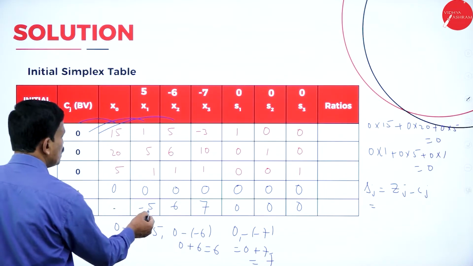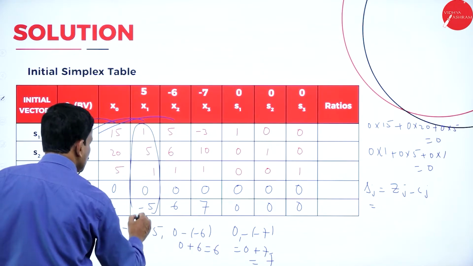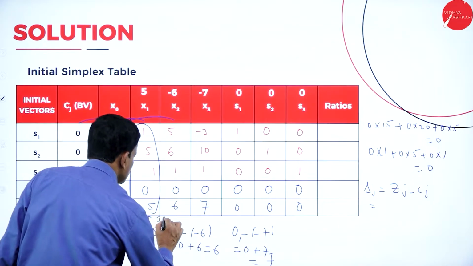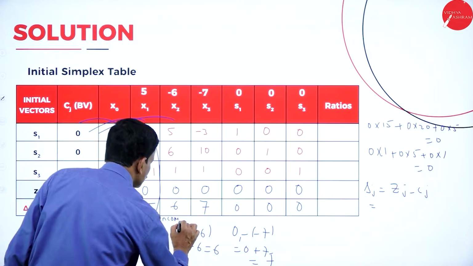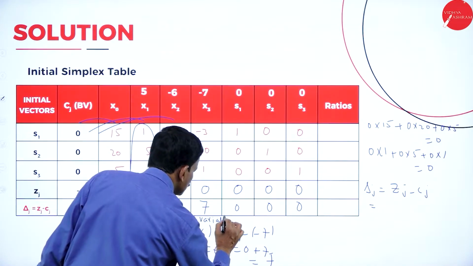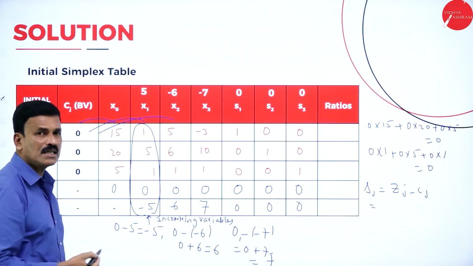Here minus 5 is the least negative, therefore this is the incoming variable. So here this x1 is the incoming variable.